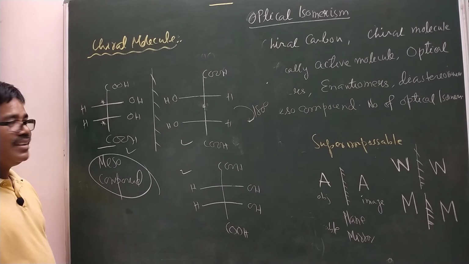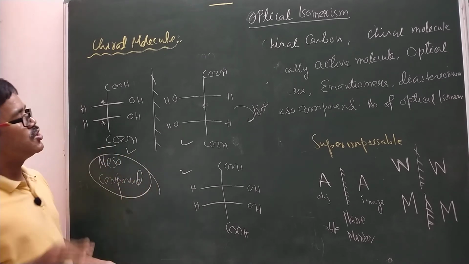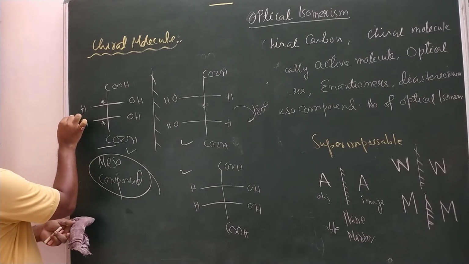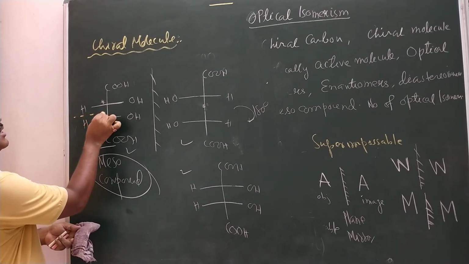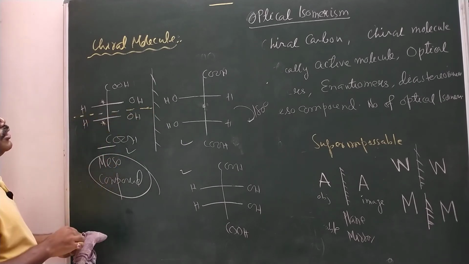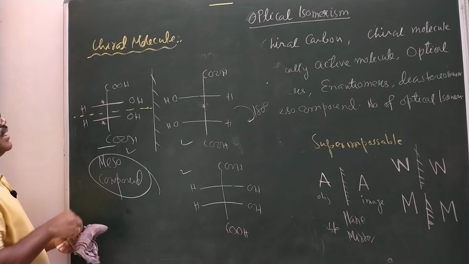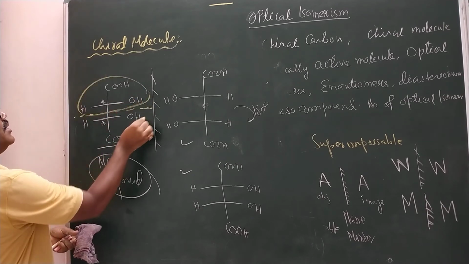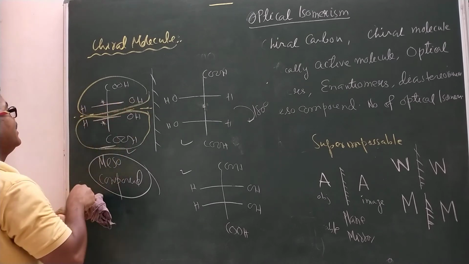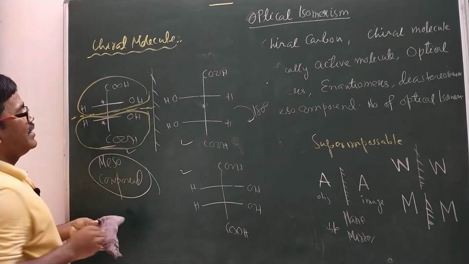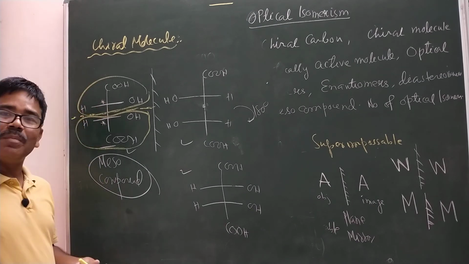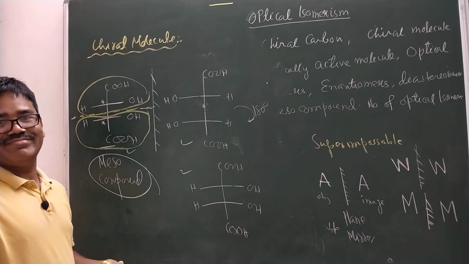Clear? One more shortcut to identify the meso compound. Here if you consider this molecule, if you consider a plane like this, this plane divides the molecule into two equal halves. This part and this part are equal halves. A meso compound has a plane of symmetry.